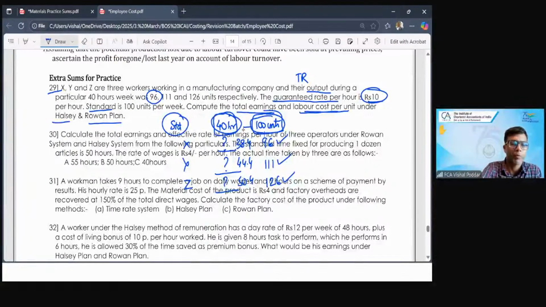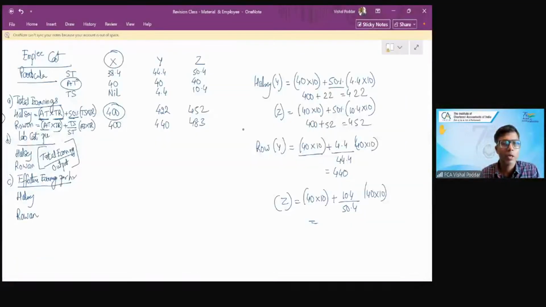Correct? Now, I need to find out labor cost per unit. How will I find out? Earnings. So earnings of X is 400 divided by 96. This will give me the labor cost per unit of X. Now here Y's output is 111, so divide the earnings by 111.